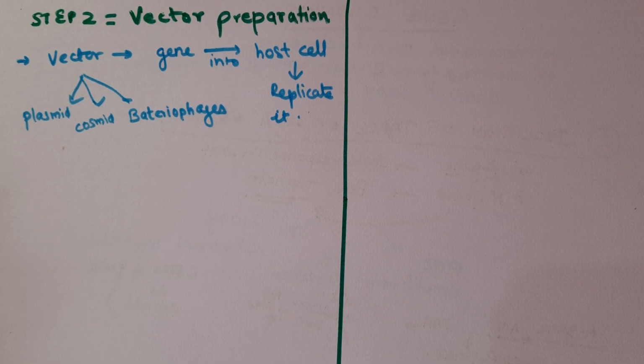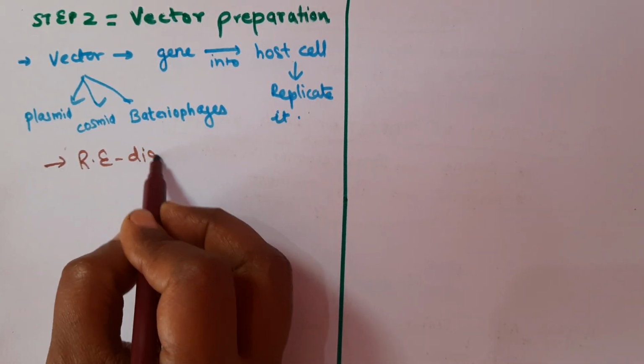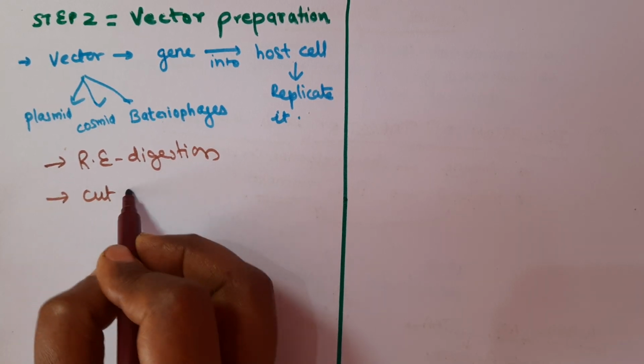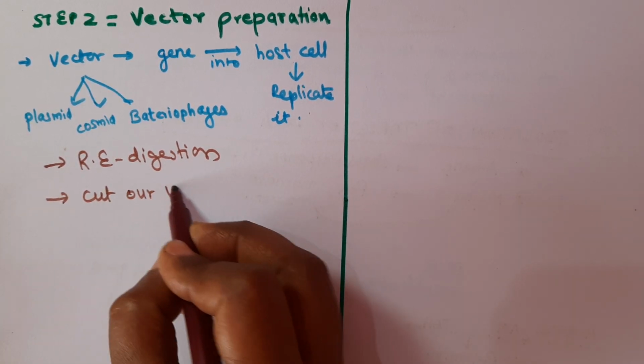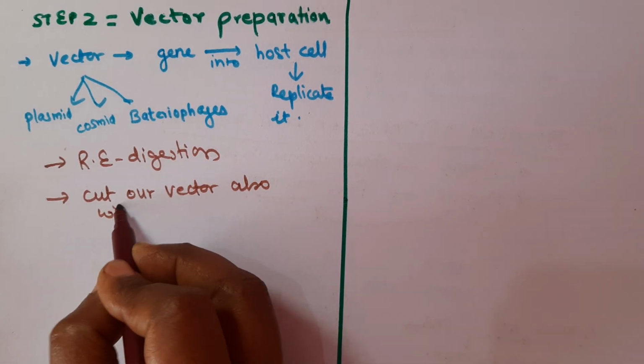I told you in the first step that if we are using the restriction enzyme for cutting the DNA, for restriction enzyme digestion of the DNA segment, then we will cut our vector also with the restriction enzyme.